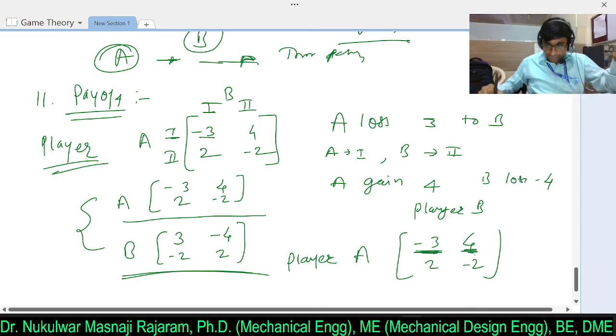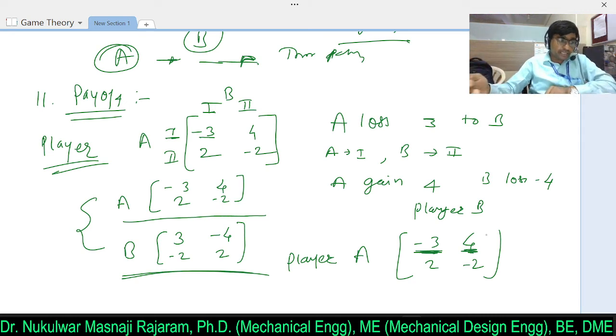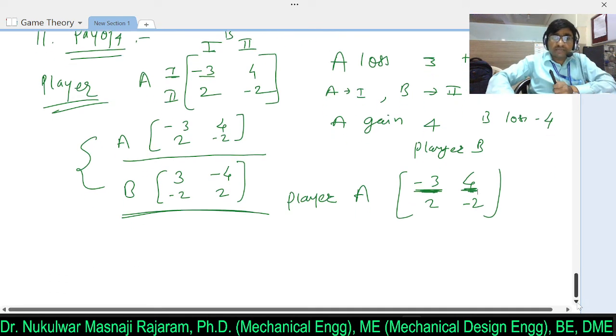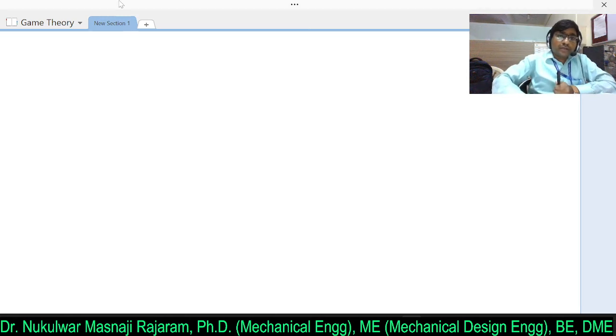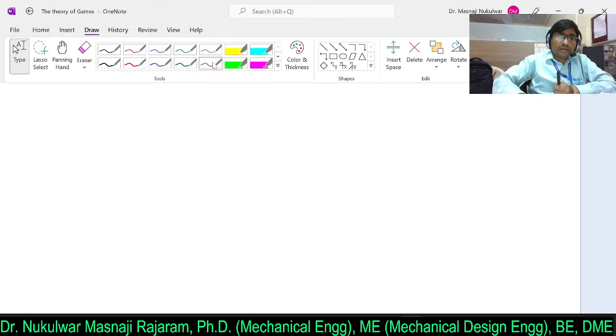How can I read this value? A is gaining 4 rupees and B is losing rupees 4. Clear? So this is all about the different definitions, different terms which we will use in the next discussion.